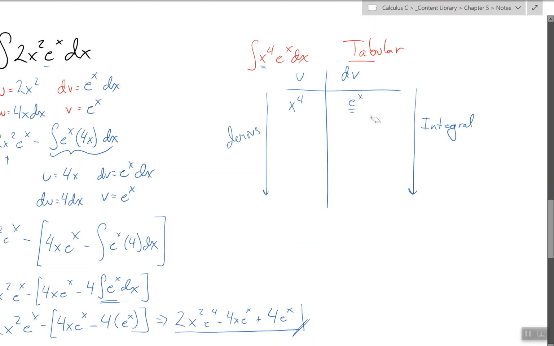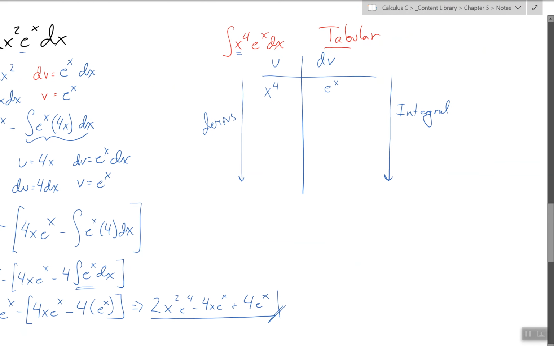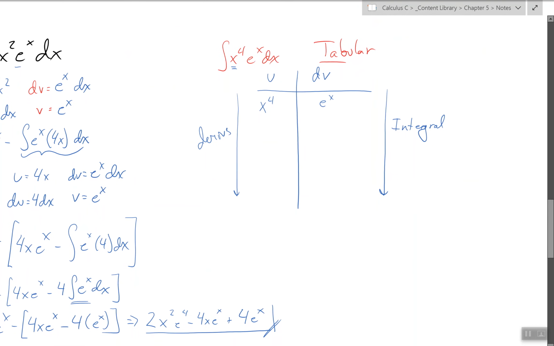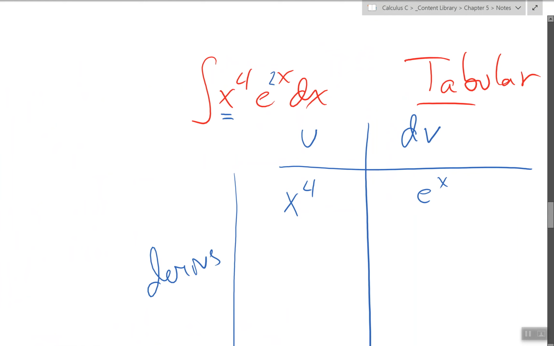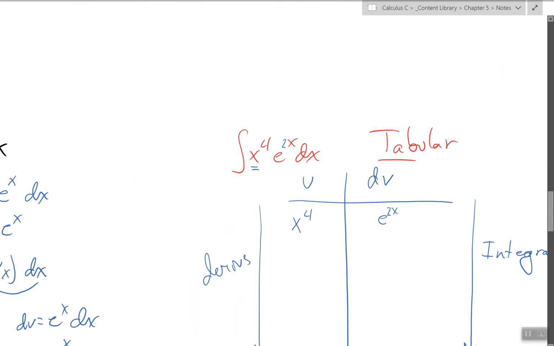So there is a little bit more to do with those. We're not seeing that right now, so I might be able to throw another example in here that has that. I'm going to go ahead and change this to e to the 2x, just to make it a little bit more interesting.